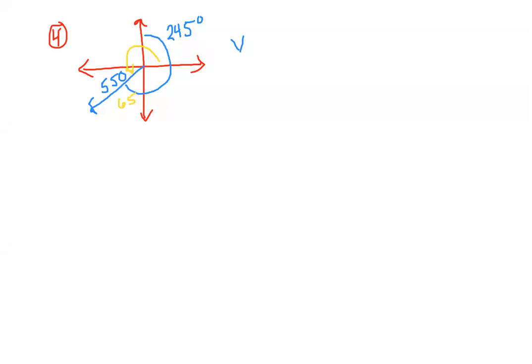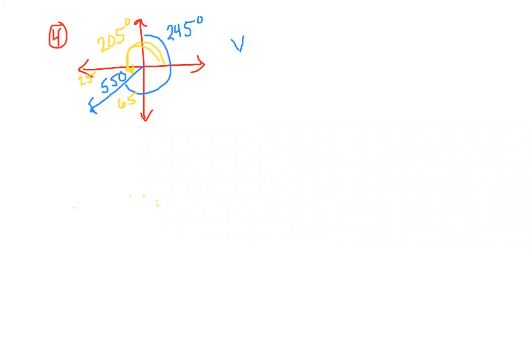So that means this angle right here is 25. So this yellow curve that I put right there is going to be 205 because it's going to be 180 plus 25. So 205 is the angle that we're going to use, because when we're actually finding the vectors, we're always going from here this way. That's not how we do bearings. That's how we find the angles for the vectors.